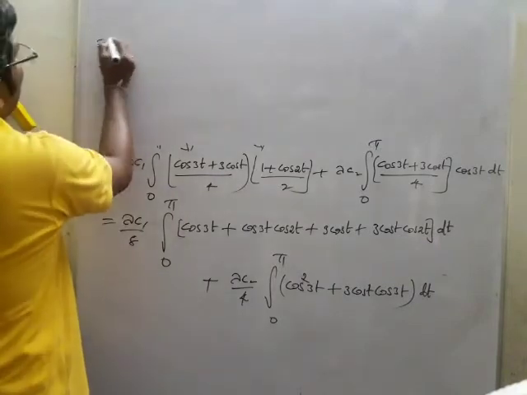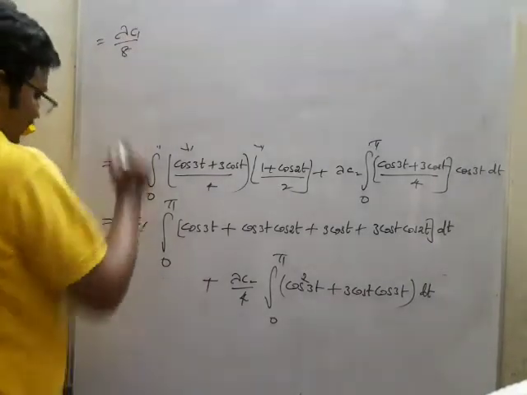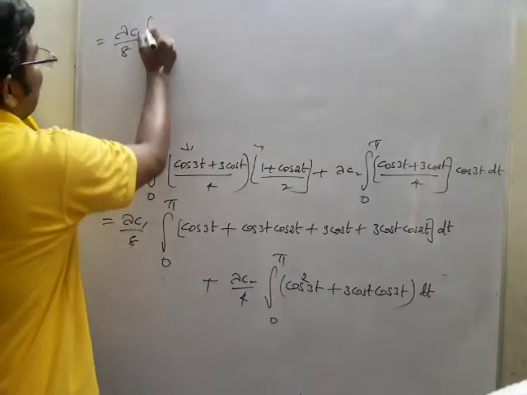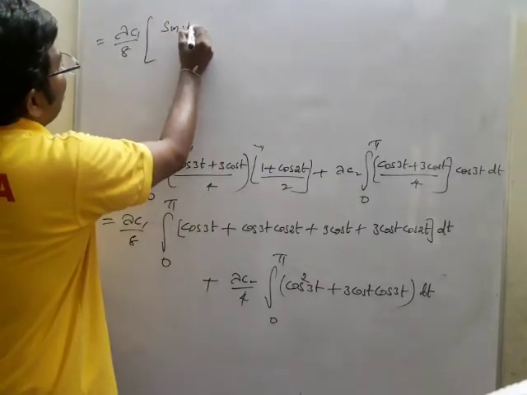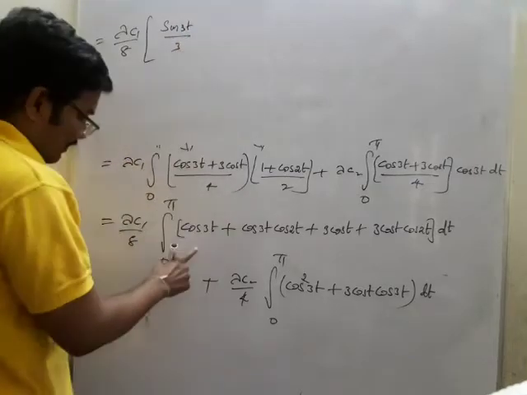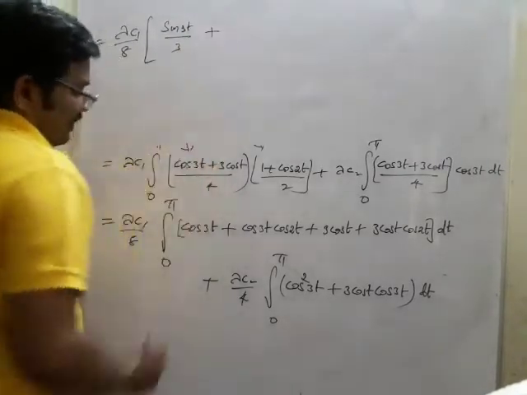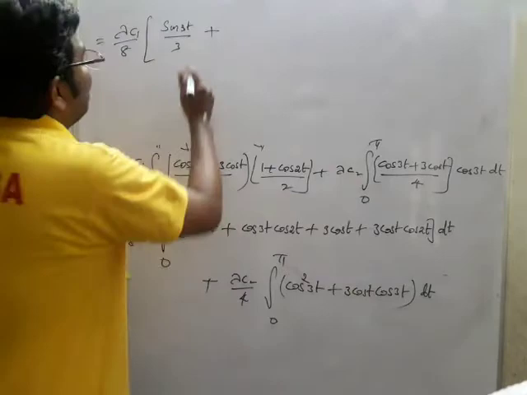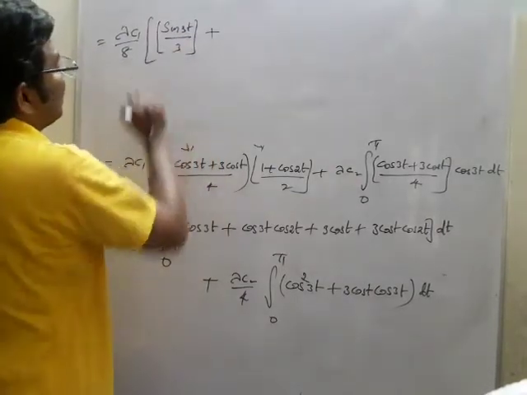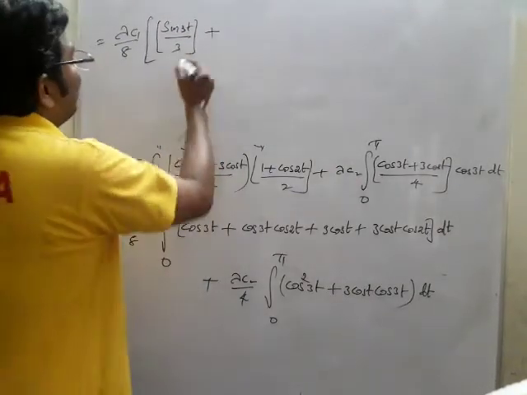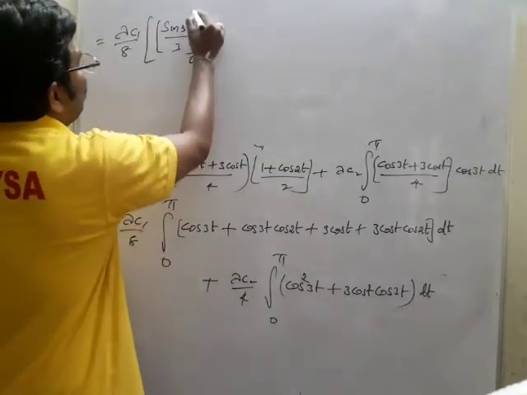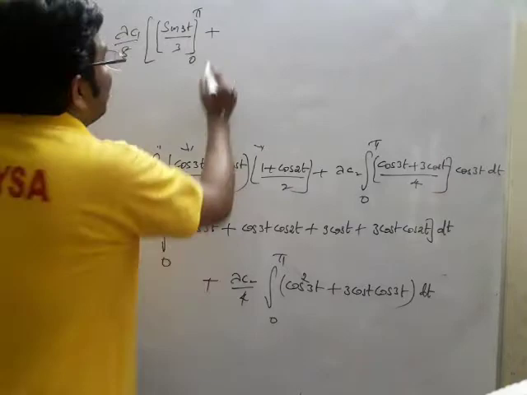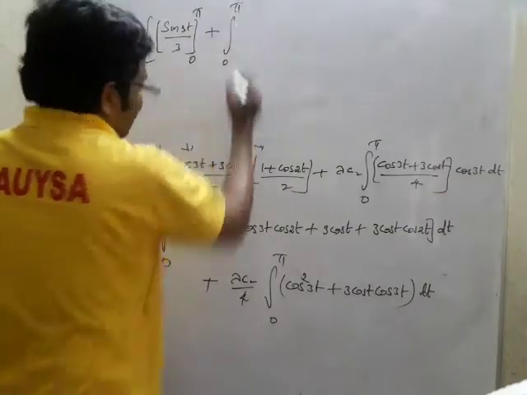This is cos A plus B and cos A minus B. Okay, so therefore lambda c1 by 8. Now this I'll change. This directly I'll integrate. This is sin 3t by 3, plus this I will write just after integration. Okay, after integration, and this after integration, this is 0 to pi. Now this becomes integral 0 to pi.